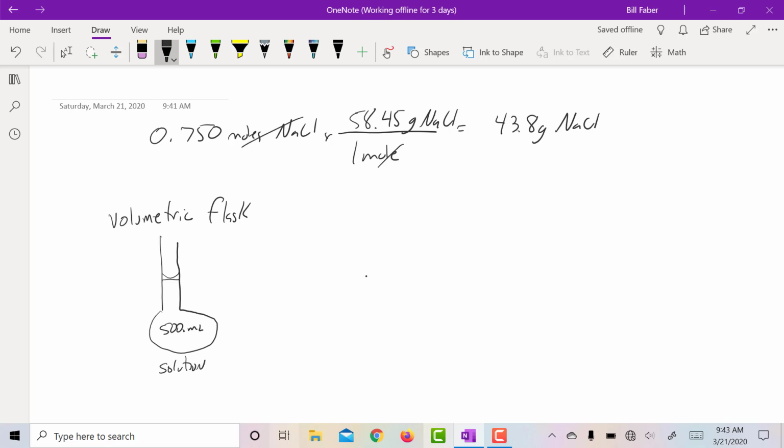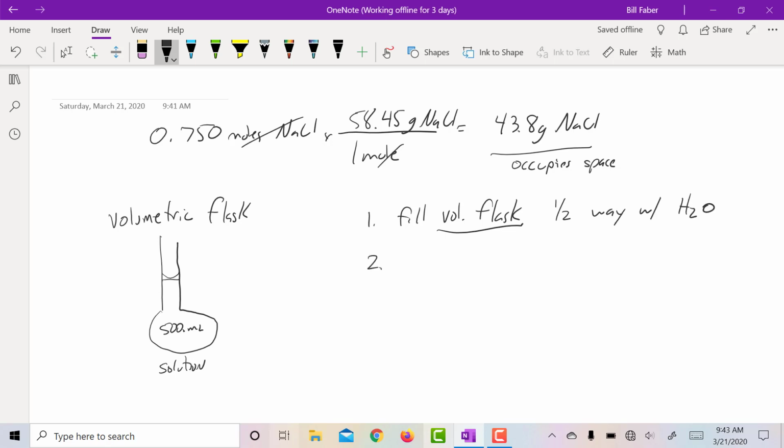So you don't add 500 milliliters. So you don't put in this 43.8 grams and then add 500 milliliters, because this actually takes up space. This occupies space a little bit, and it would cause the volume to go up. So what you do is, the first thing is you fill the volumetric flask, and I want you to know that specific piece of glassware, halfway with water.